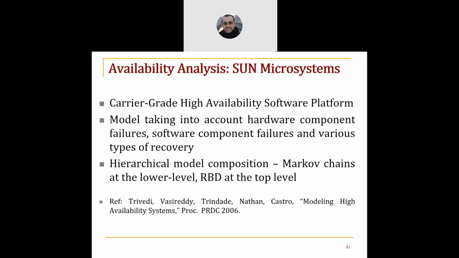And a hierarchical model was used. And I mean model composition, because models are developed separately and then composed together. At the lower level, we use Markov chains and the RBD at the top level. This work was done in 2000 or so, but published in 2006.